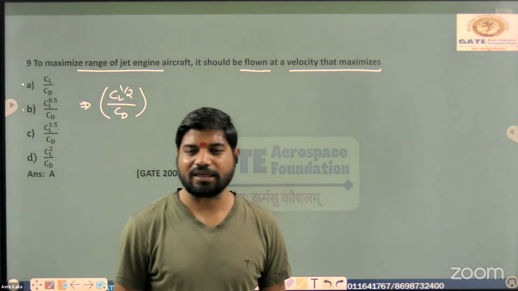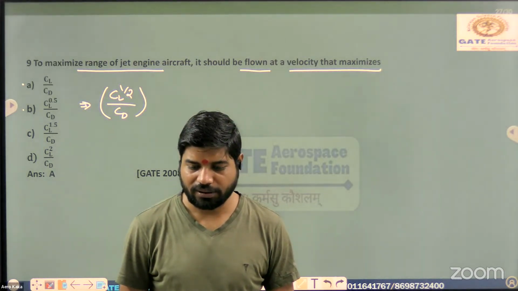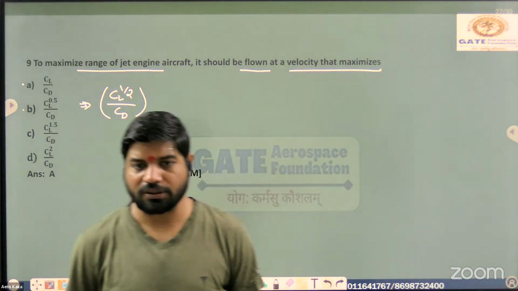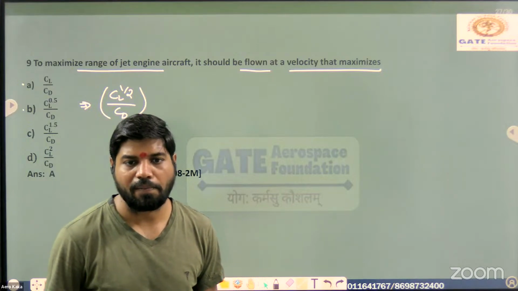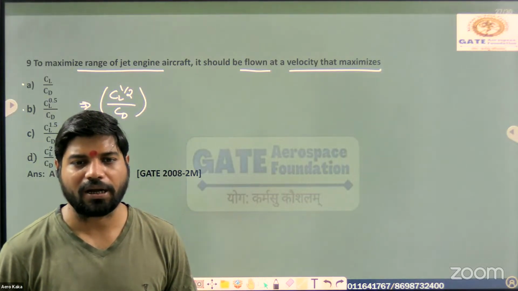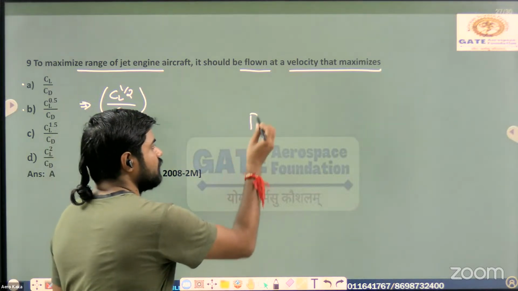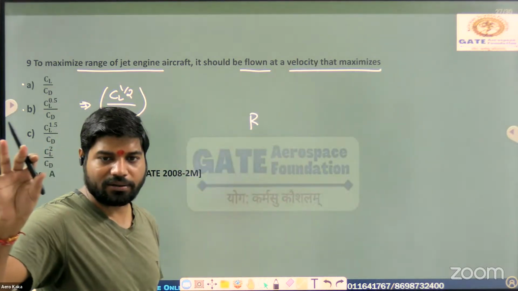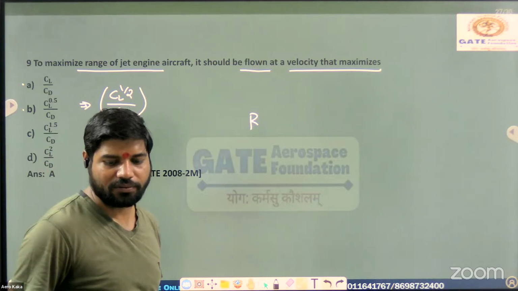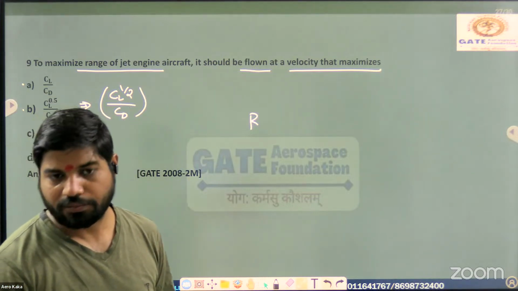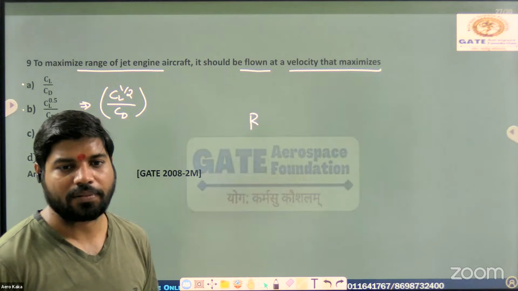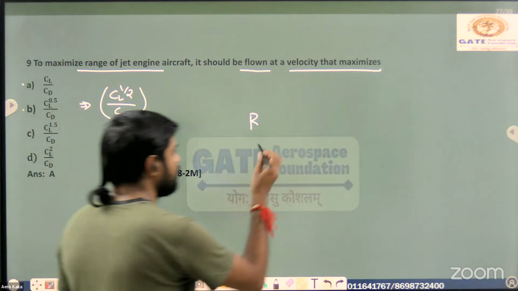Which aircraft is this? It's a jet engine aircraft, right? So what is the range formula for this jet engine aircraft? Tell me in terms of CL upon CD terms. What's the range formula? CL raised to 1/2 upon CD, right?